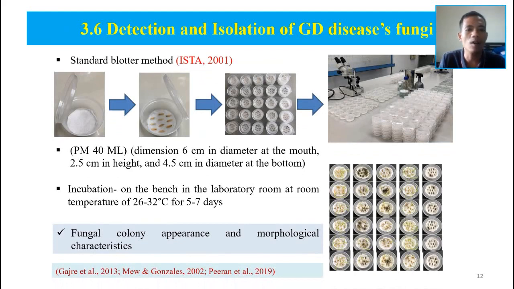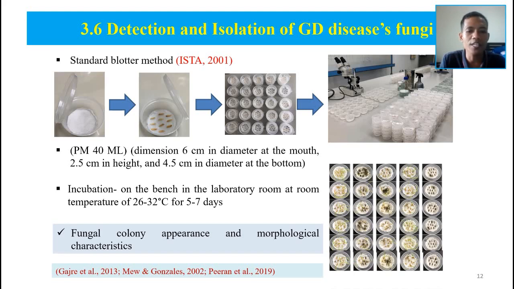This shows how I detected and isolated the cause of fungi or grain discoloration disease by the standard blotter method. In this method, I modified some implements. For example, I used a plastic cup instead of a petri dish, because it is quite easy to incubate, it doesn't take up white space on the table, and it is also easy to handle for scientists working in the laboratory.